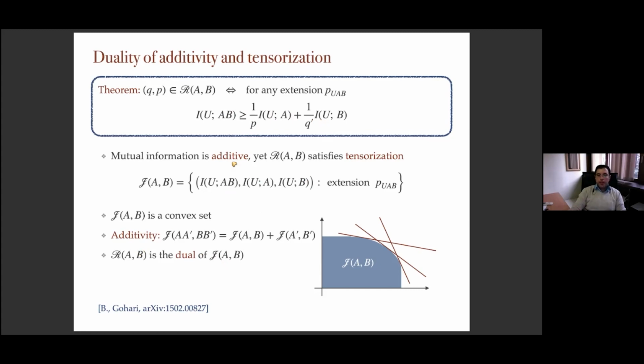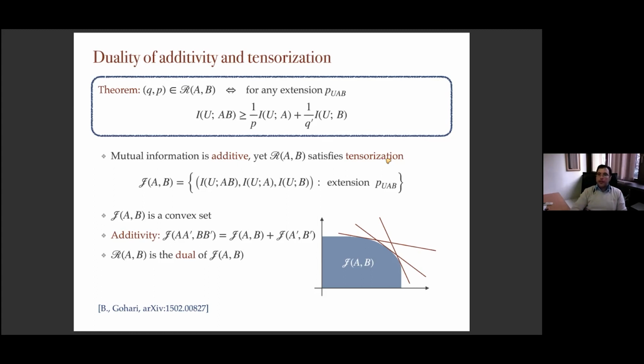Okay. So as I said, this duality of additivity and tensorization is even more than that. In fact, you can do it even more generally. You can start with some arbitrary source coding problem. Let's say the Gray-Wyner problem, if you know that, or something else. Choose the source coding problem of your interest, and then compute its rate region. And then take the dual of that region.